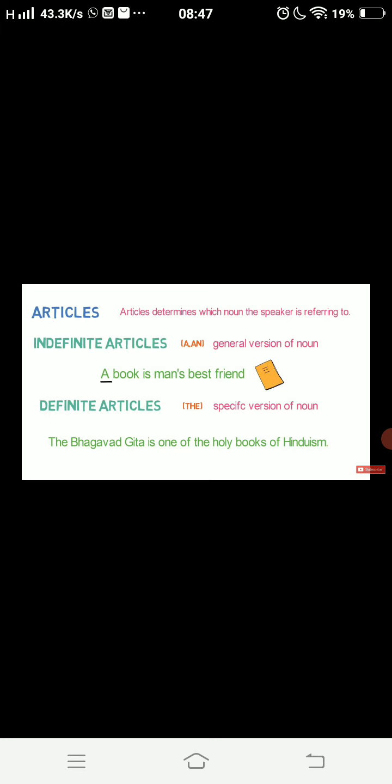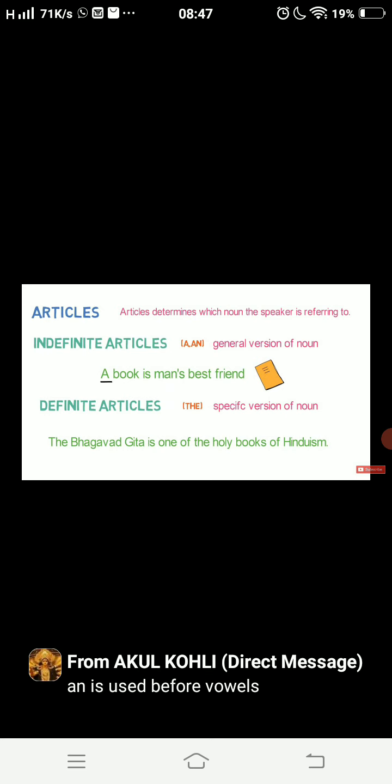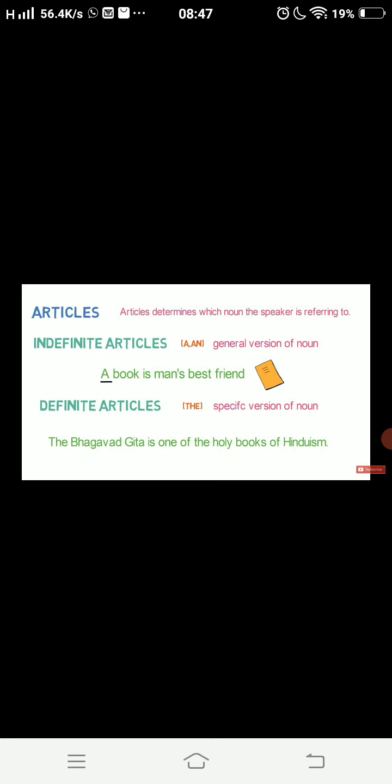And it also comes in front of the sound of W, like a one rupee note, a one-eyed giant, a one-way traffic. And when there is a silent H, for example, an hour, an honest, an is used before a vowel sound.